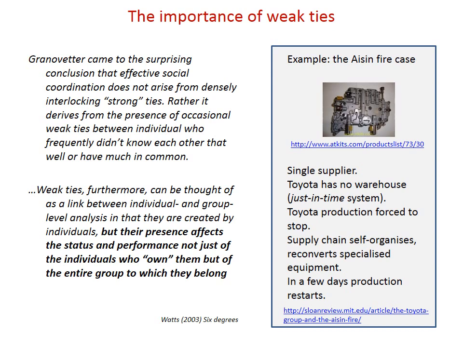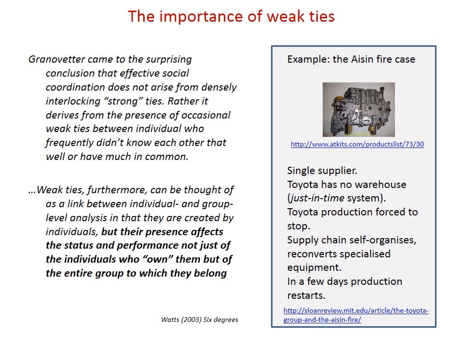Aisin was producing a special type of valve called the P valve, and it was the only supplier. Because Toyota had a just-in-time system, which basically means they produce what they need, they had no warehouse, no spare parts. So the production of Toyota ground to a halt in a short time.